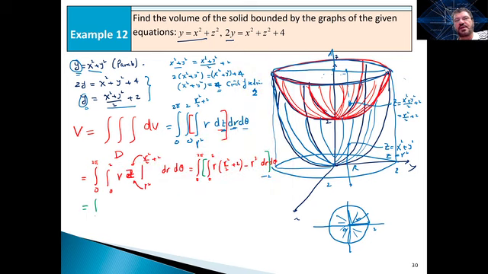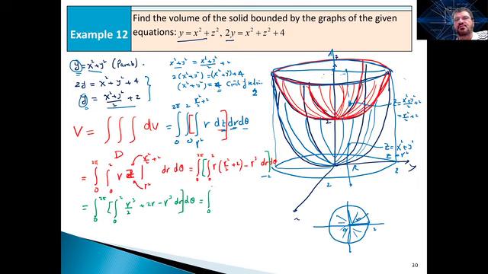So this is equal to the integration from 0 to 2π, integration from 0 to 2. Let's multiply this. This is r cubed over 2 plus 2r minus r cubed dr dθ. Again, we're playing with the inside.